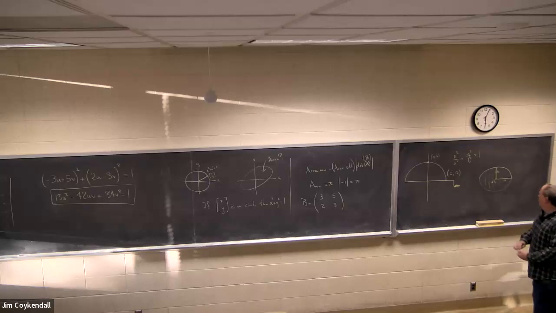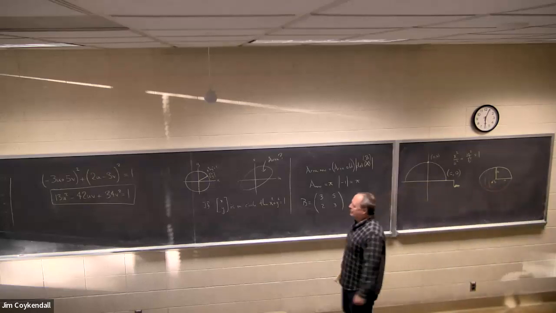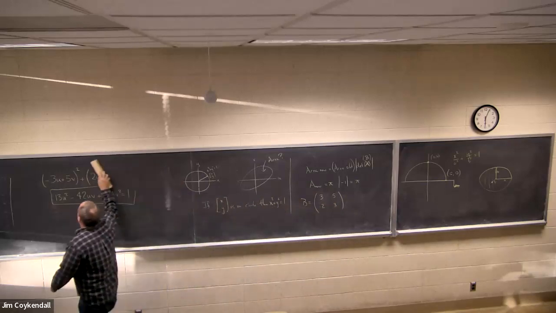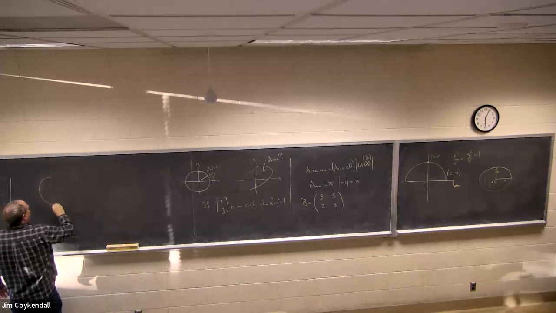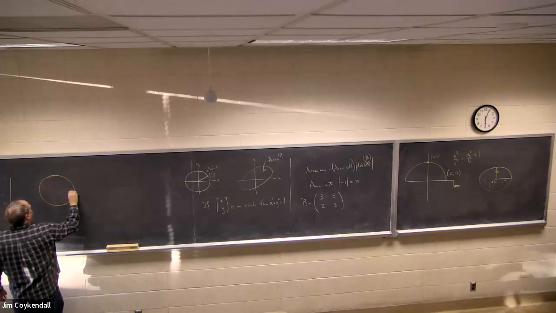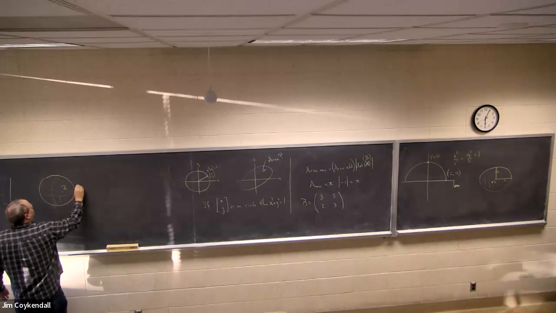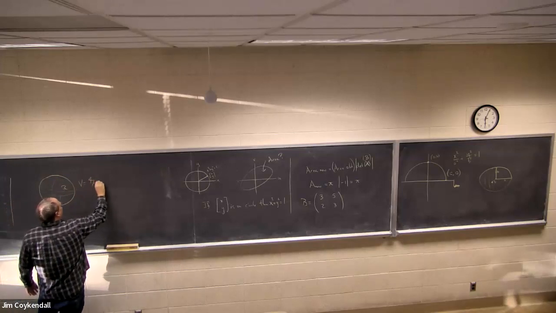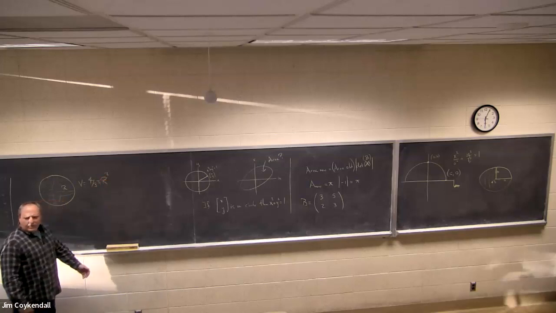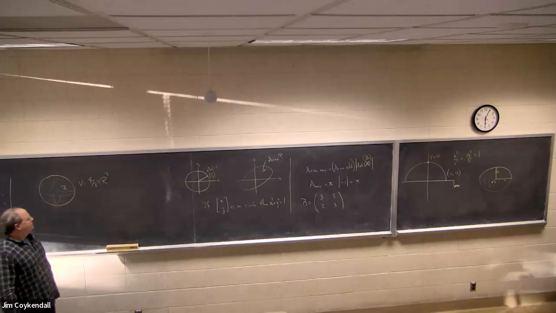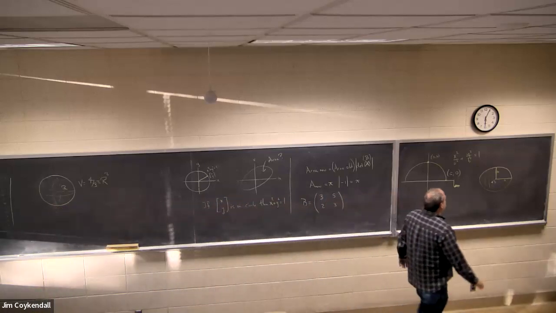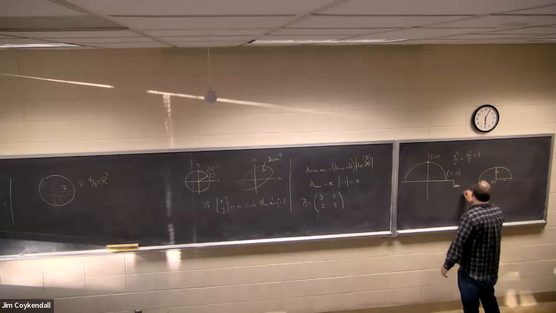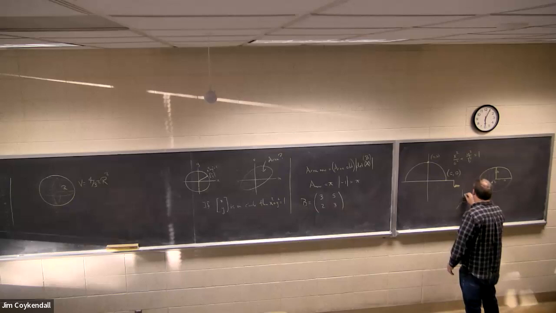Now, what I want to do is, I gave you a hint, the volume of the sphere of radius R is 4/3 pi R cubed. Y'all have all seen that at some point, right? So let me ask you this.